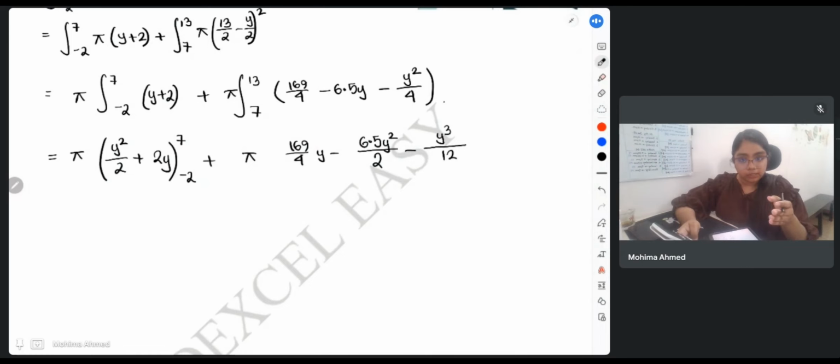And obviously there are constants in them, but as these are integrations with boundaries, there is no need to write the constant c, because it will eventually cancel out along the equation, right? So this is with boundaries of 13 and 7. 13 and 7, okay. 169 by 4 y, and then 6.5y squared by 2, and then this will be positive. y to the power 3 divided by 12, right? Because 3 multiplied by 4 is eventually going to be 12.